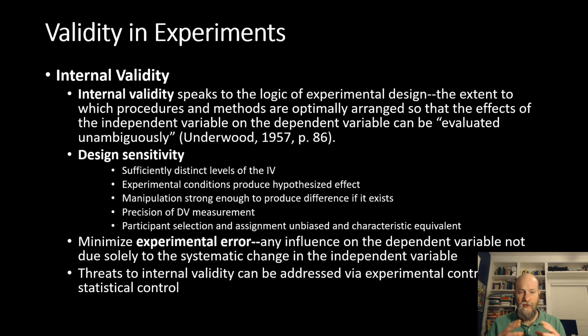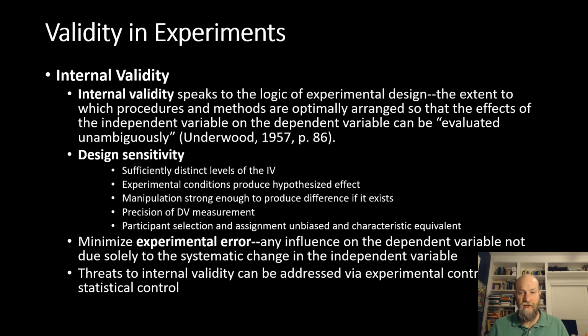Those levels need to be sufficiently different from one another, sufficiently distinct, so that I can detect the influence of the independent variable on the dependent variable. The experimental conditions, whether or not they produce this desired hypothesized effect, is really based on the design sensitivity. The manipulation of the independent variable has to be strong enough to produce the difference if it exists.